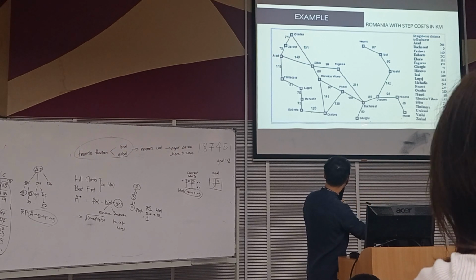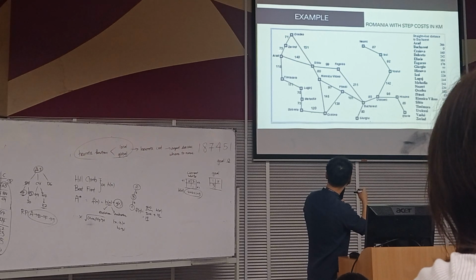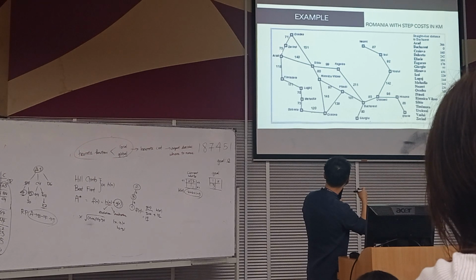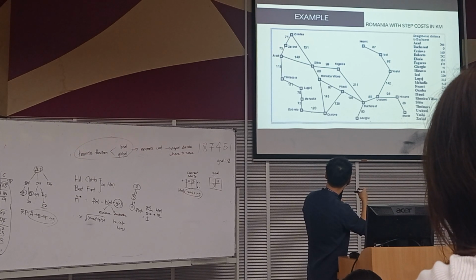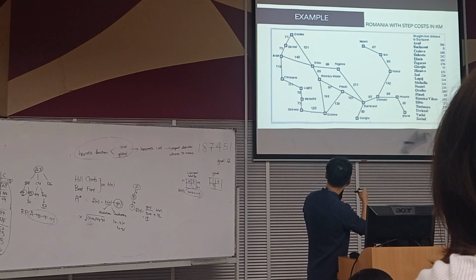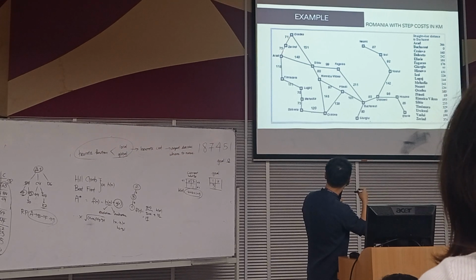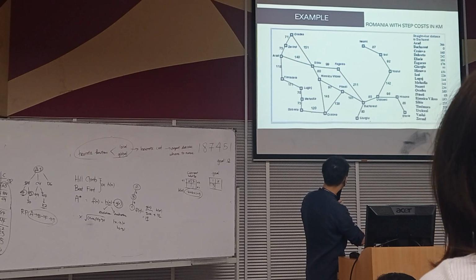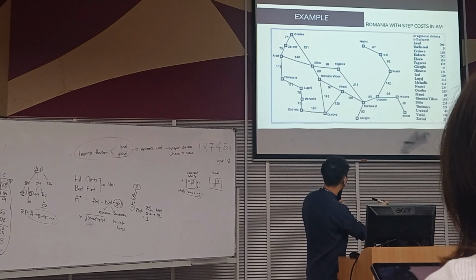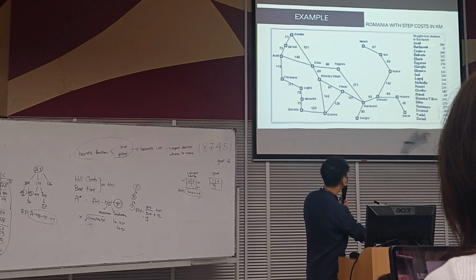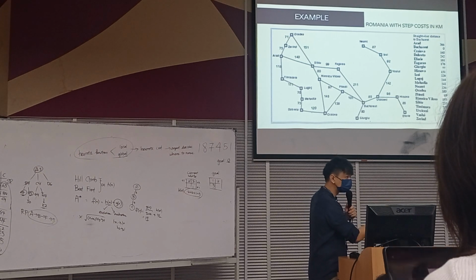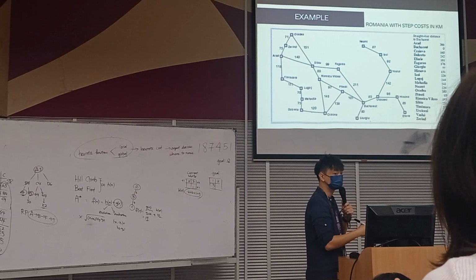So that's actually a state space. The value stated here is actually the distance, or you can assume that this is the step cost. So this is the position Arad, Zerind, Arad. The value here, the straight line distance to Bucharest, is actually the Euclidean distance, which is referred to as Hn, the heuristic cost.